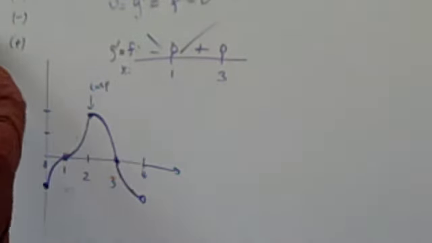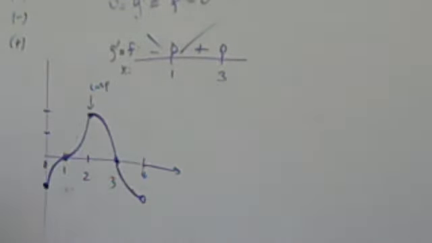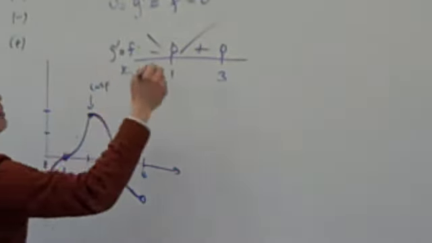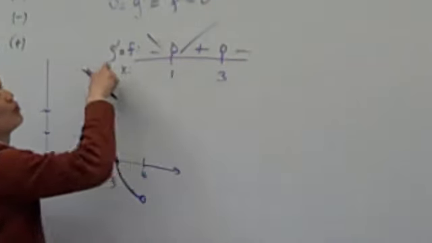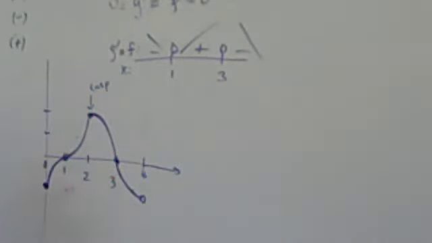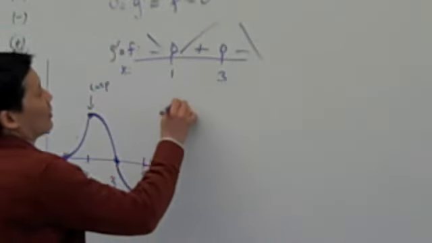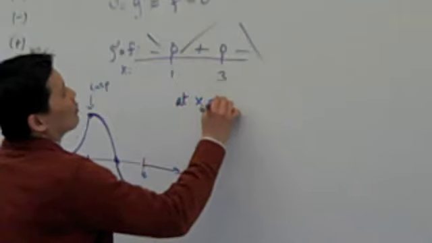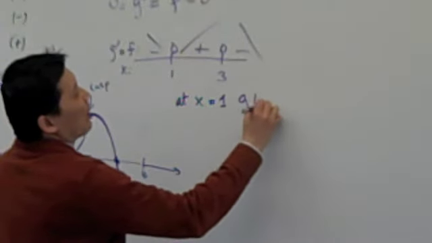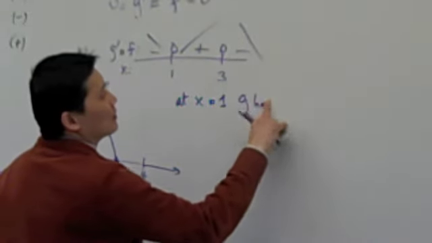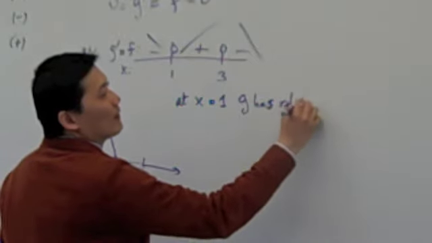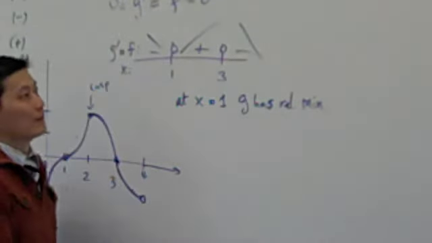Anything over 3? For f, we got negative. And so if f is negative, that means g prime is negative, so g will fall. So take a look at this. Determine where the extrema are. We say at x equal to 1, g has a relative minimum, right?